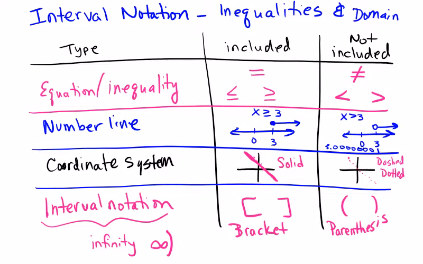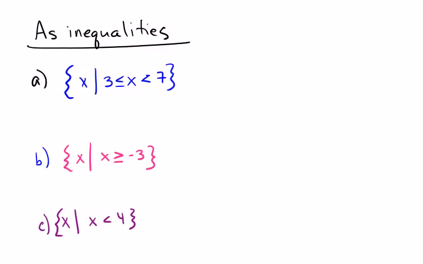So now let's look at some examples. First, as an inequality, our first example is x where 3 is less than or equal to x is less than 7. The first thing I want to do is draw this onto a number line. So here is 0, here's 3, and here's 7. I'm not putting every single value in there because we just need these as indicators for what we're doing.